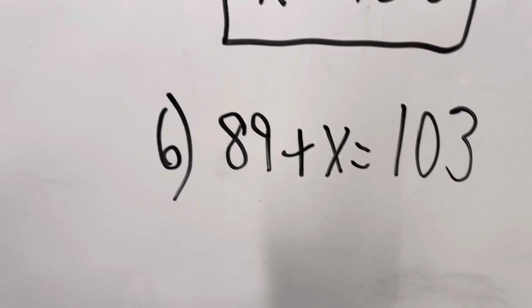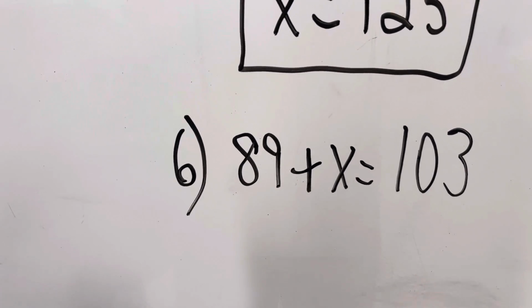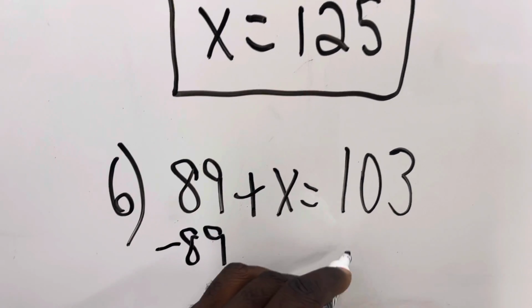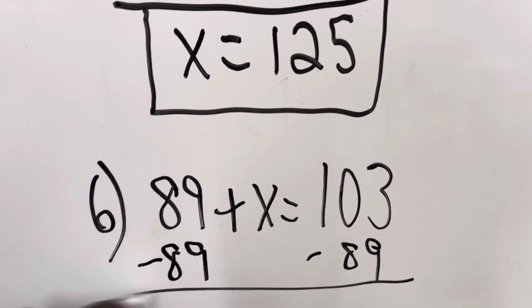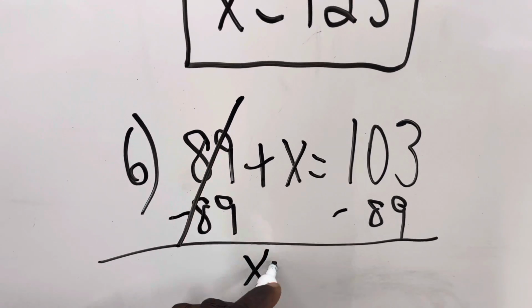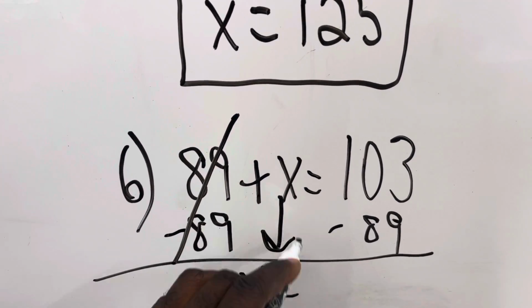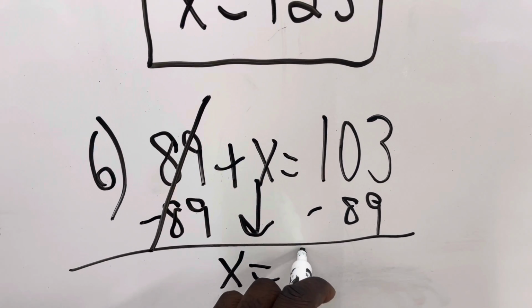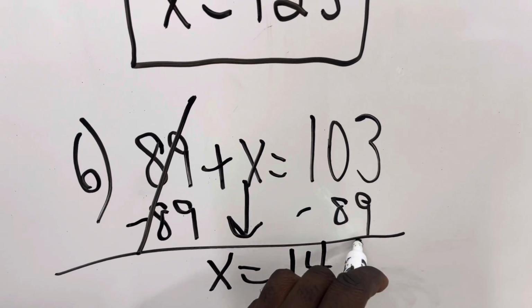89 plus x equals 103. Same as the other problems. Subtract 89 from both sides. x equals, bring down the x. x equals 103 minus 89, 14.